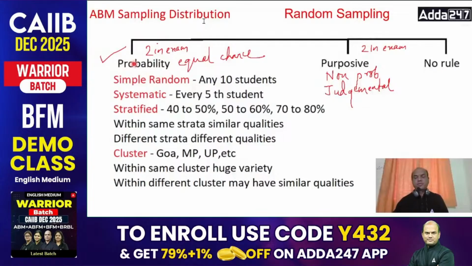What do you say? Will they think in a similar fashion, 40 to 60 versus 90 to 100?